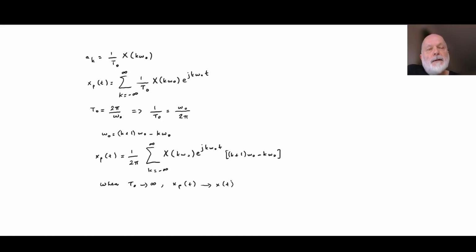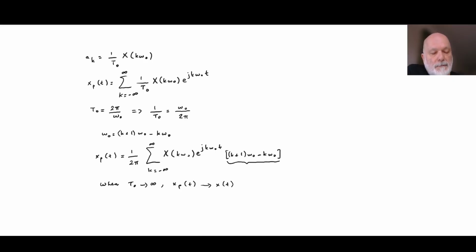And if we look at the term omega 0, omega 0 will tend to a very small value when T0 gets larger, and in the limit as T0 tends to infinity, omega 0 will tend to 0.